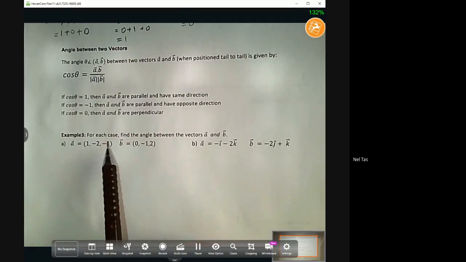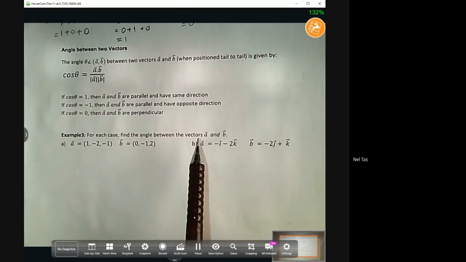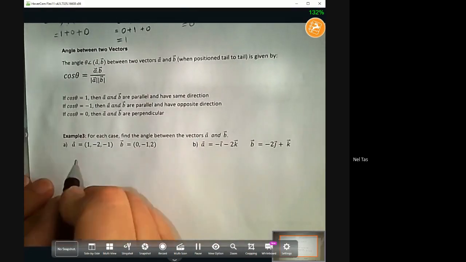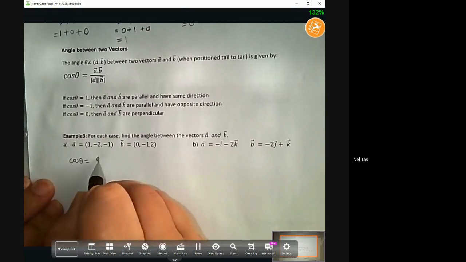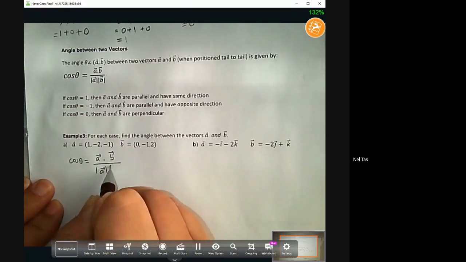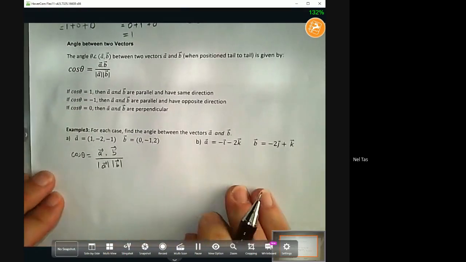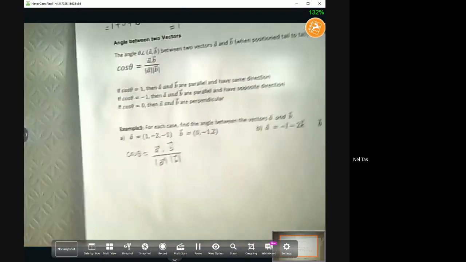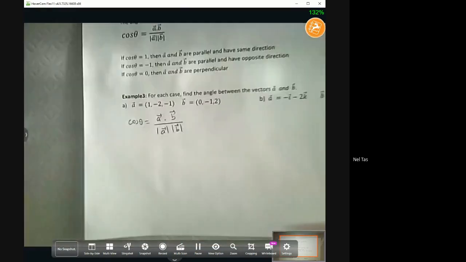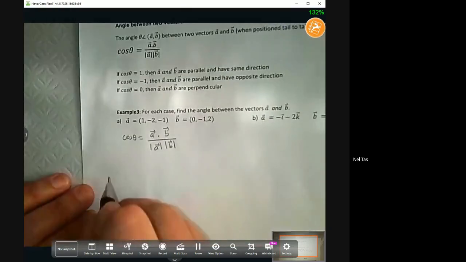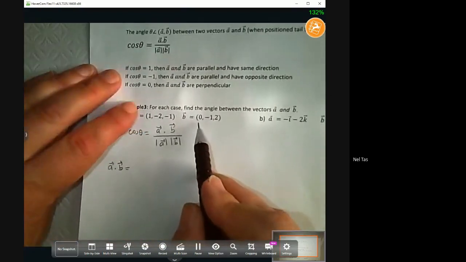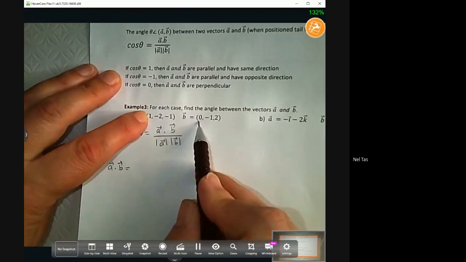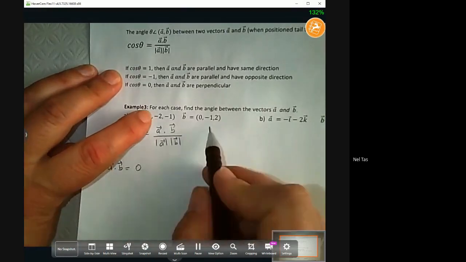Example 3. For each case, find the angle between the vectors A and B. So cos theta equals A dot B over magnitude of A, magnitude of B. So let's do those calculations. So A dot B, multiply the x coordinates, 1 times 0, 0.